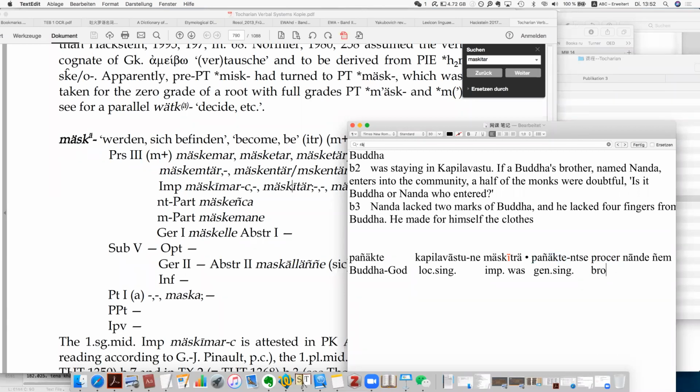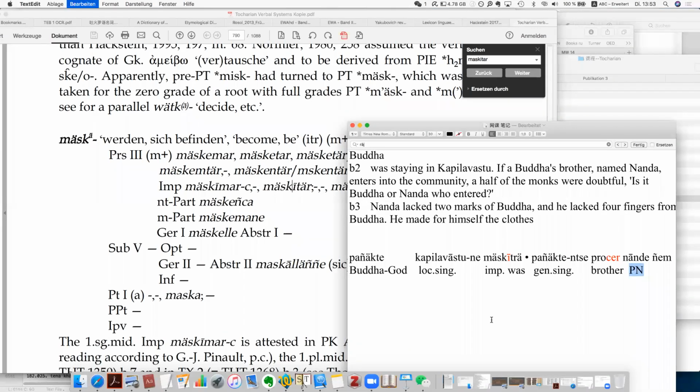Proche is brother. It's like the English word brother. We will talk about the sound change. So take a look at this one. This is your chair ending for the kinship noun. And Nanda is just a name. Nanda is Nanda, a personal name.